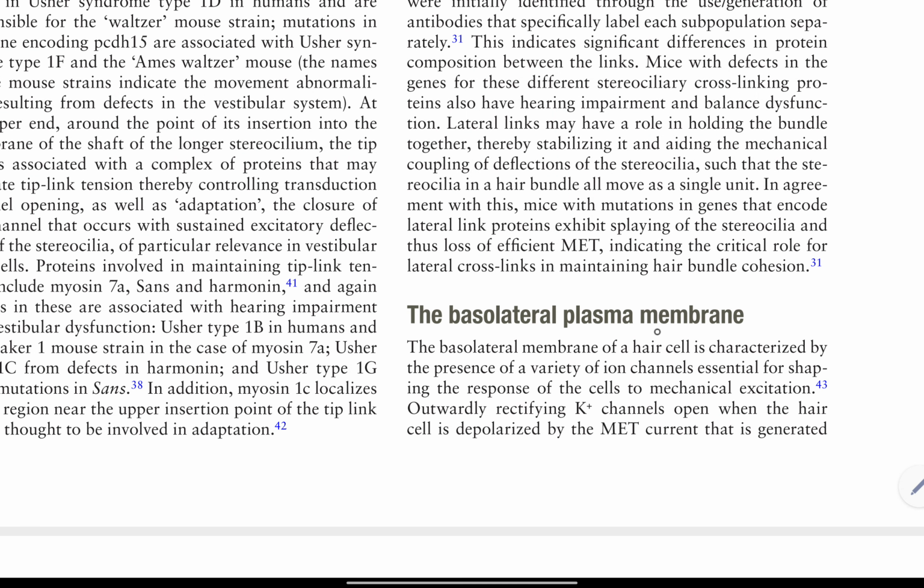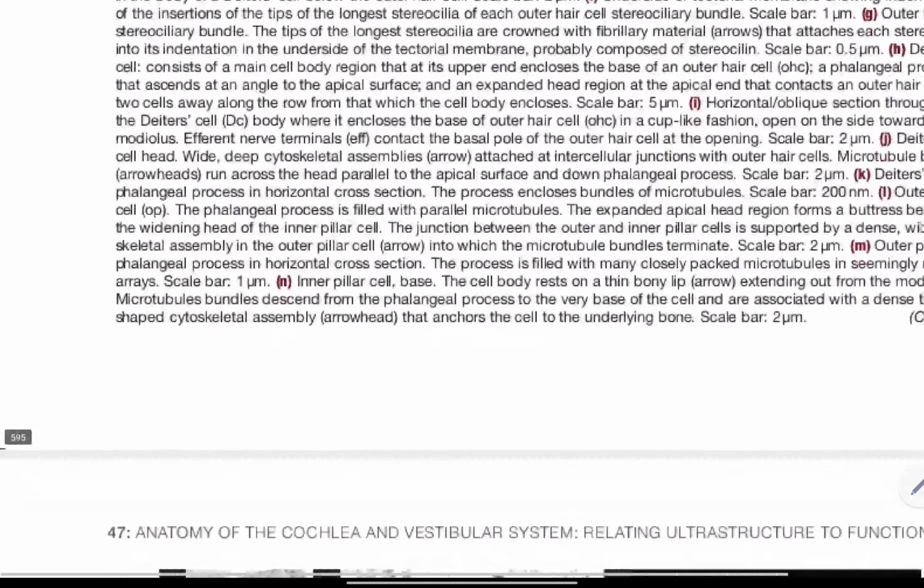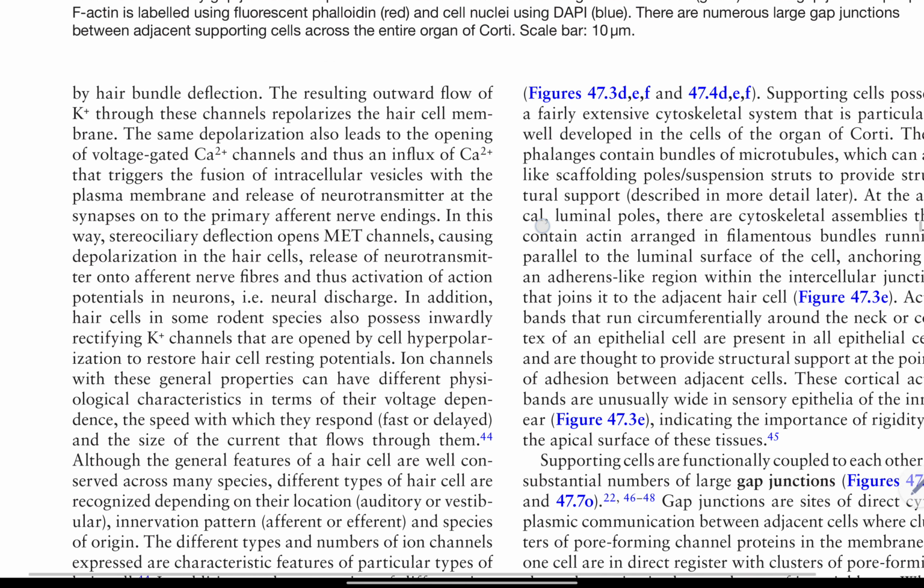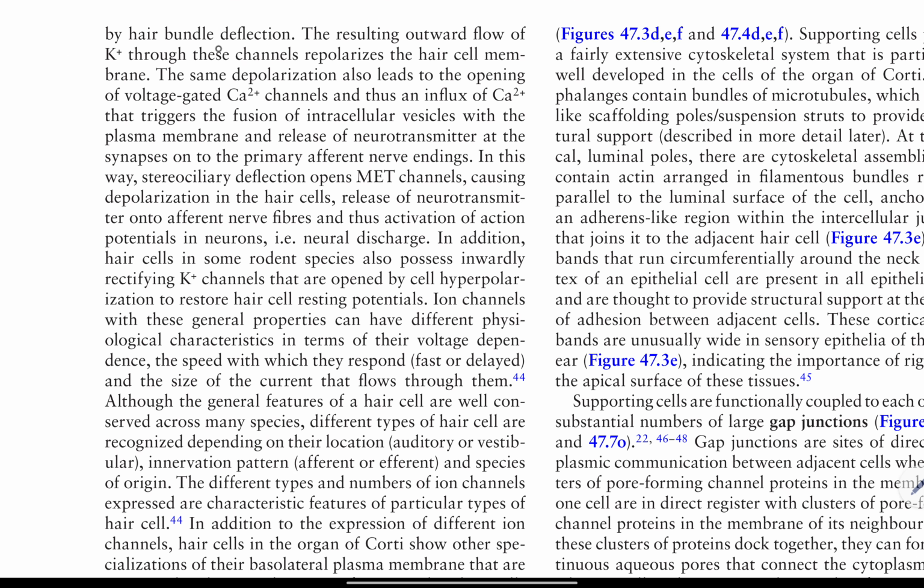The basolateral plasma membrane. The basolateral plasma membrane of a hair cell is characterized by the presence of a variety of ion channels essential for shaping the response of the cell to mechanical excitation. Outwardly rectifying potassium channels open when the hair cell is depolarized by the MET current that is generated by hair bundle deflection.